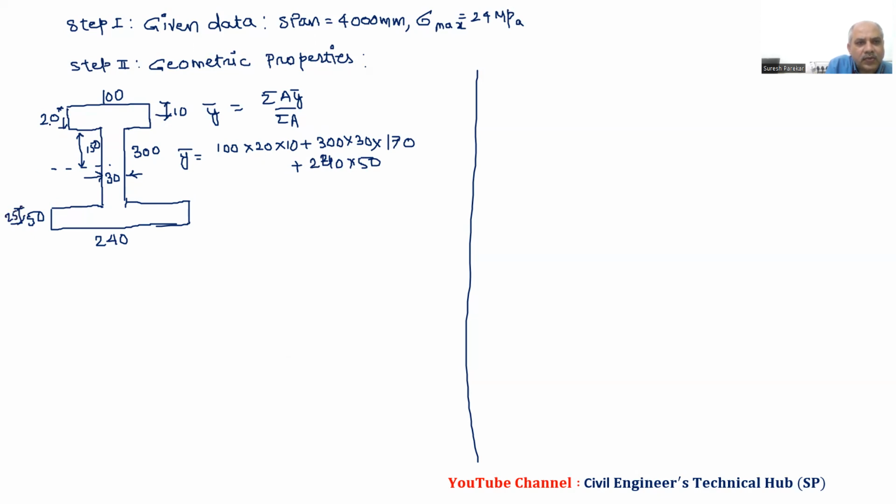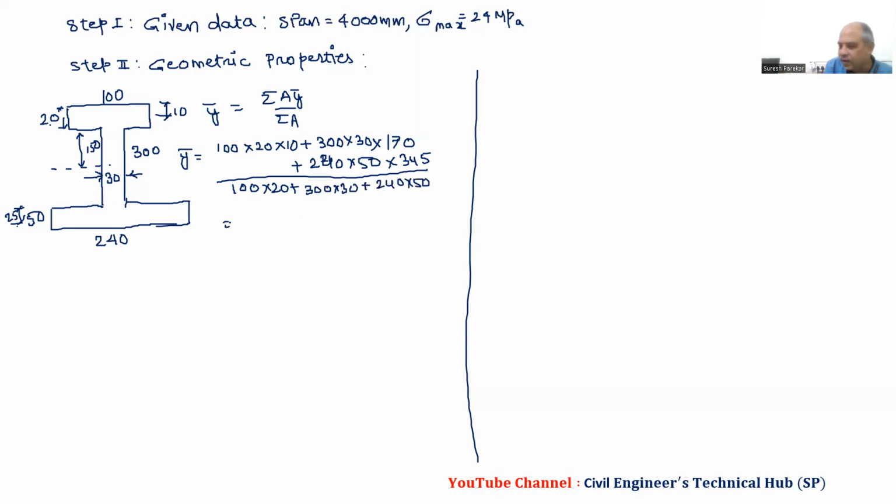So total we have 20 plus 300, 320, plus 25, 345. And then divided by 100 into 20 plus 300 into 30 plus 240 into 50.